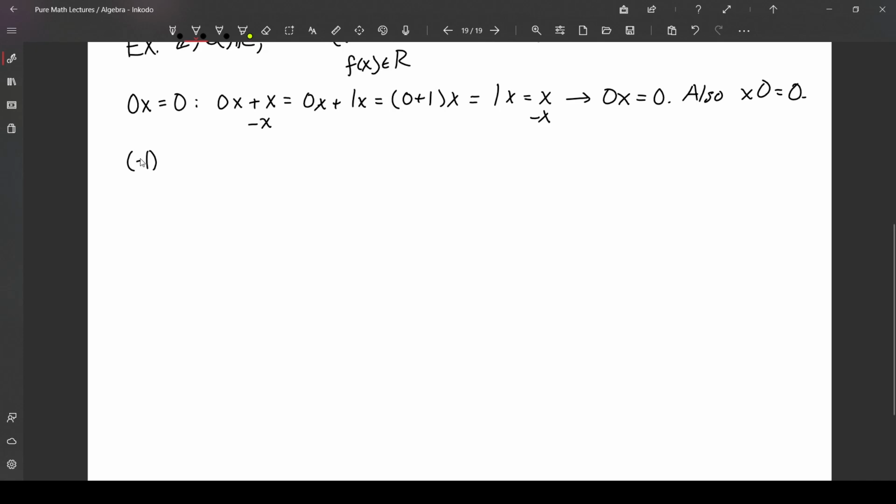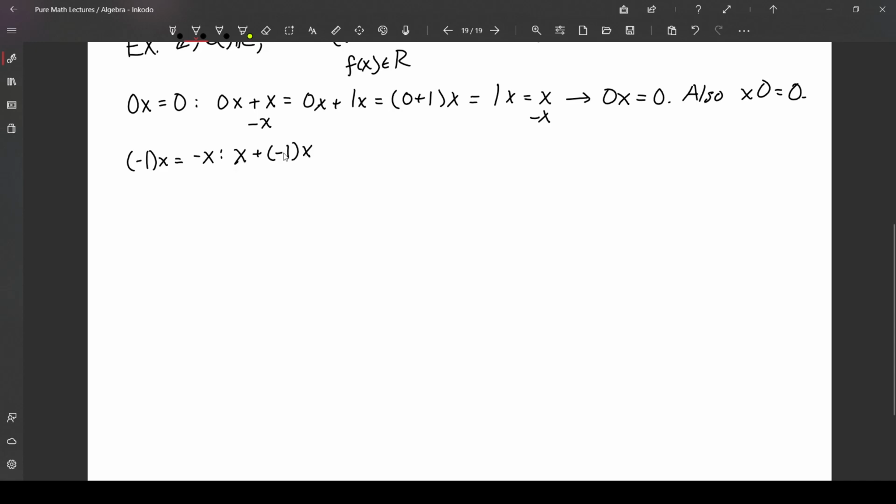Next, if we look at the additive inverse of the multiplicative identity, in other words -1, and we multiply it by x, this is going to give us the additive inverse of x. Let's look at why. If we take x plus -1 times x, we want to show that this is 0, because we know -x is the unique element such that x plus -x is 0.